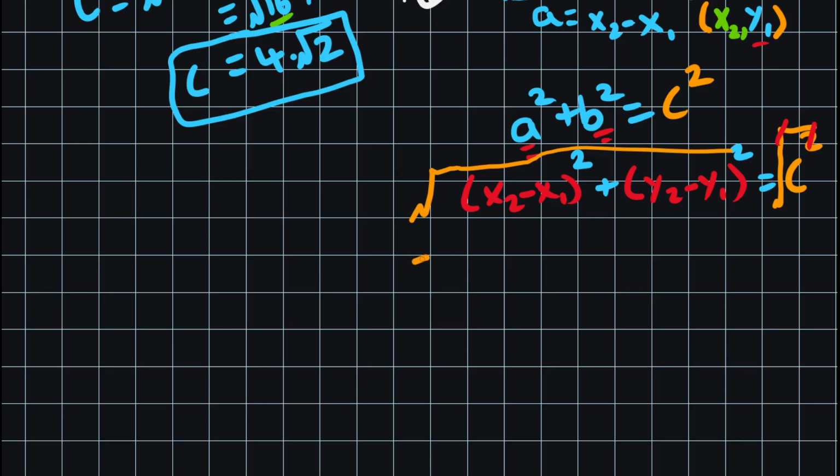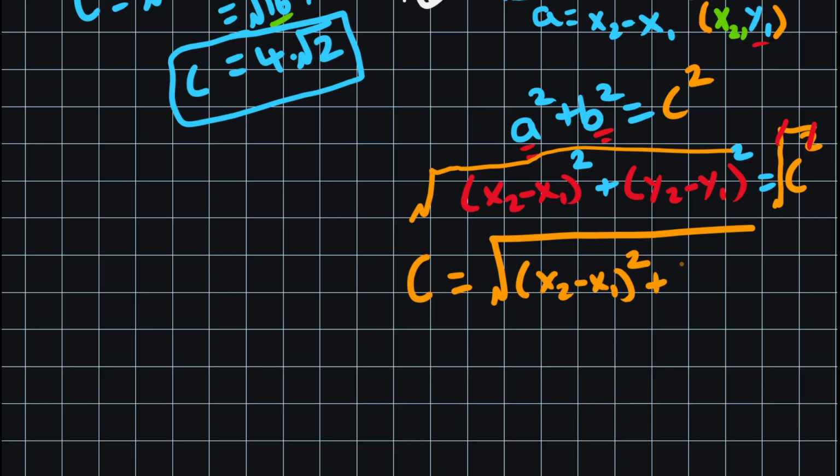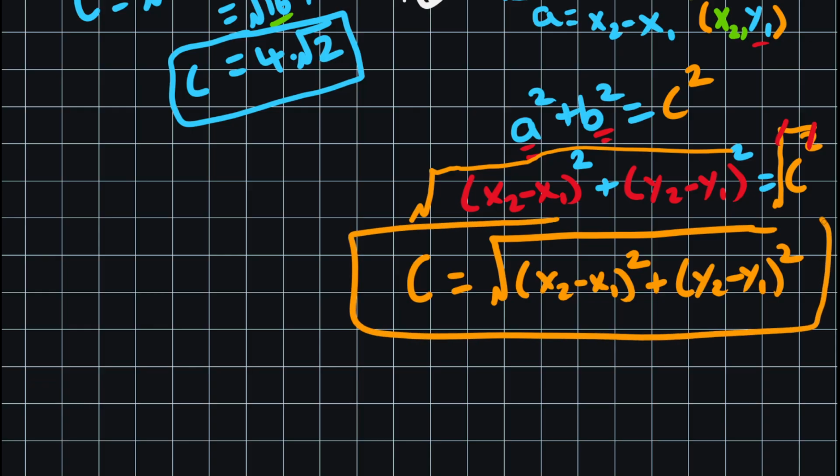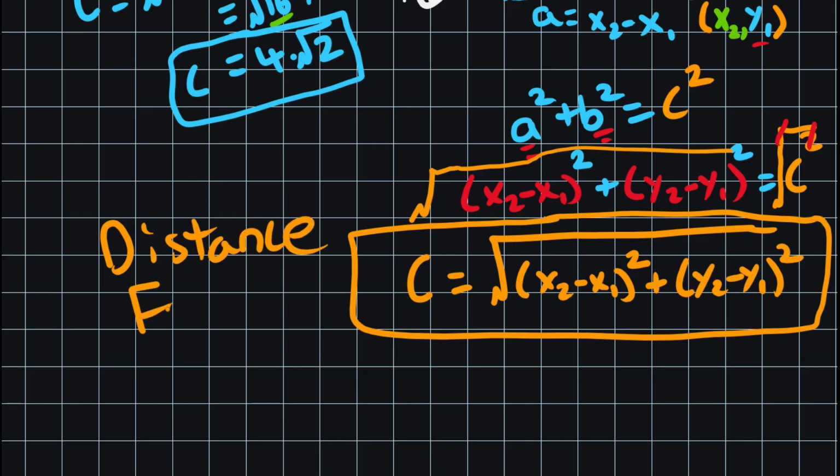So c equals the square root of x2 minus x1 squared plus y2 minus y1 squared. And this is the distance formula right here. And that is how we derive it. So this is the distance formula, and it comes from the Pythagorean theorem.